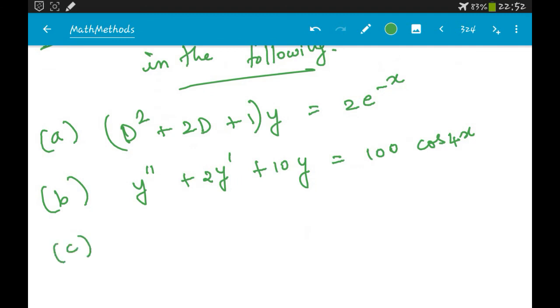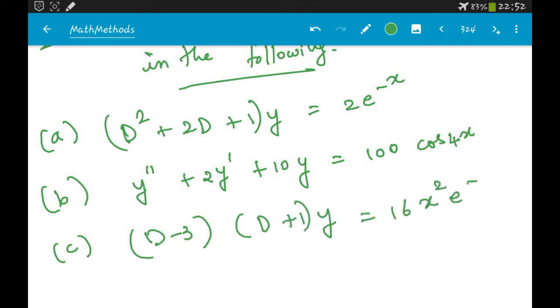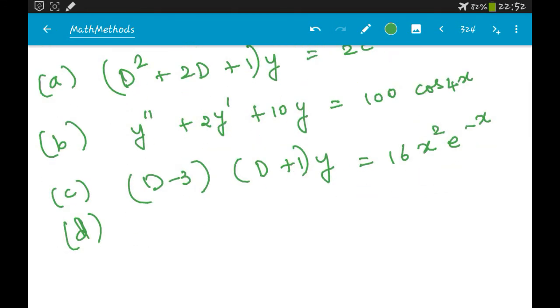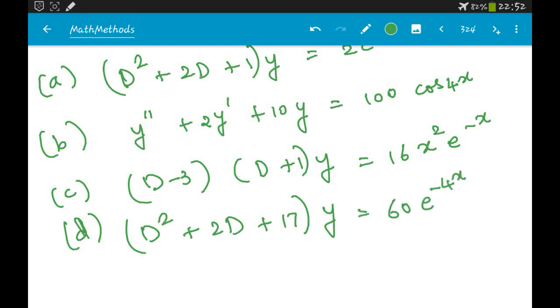C: d minus 3 into d plus 1 into y is equal to 16x square e power minus x, and d would be d square plus 2d plus 17 into y is equal to 60 e power minus 4x sine 5x.